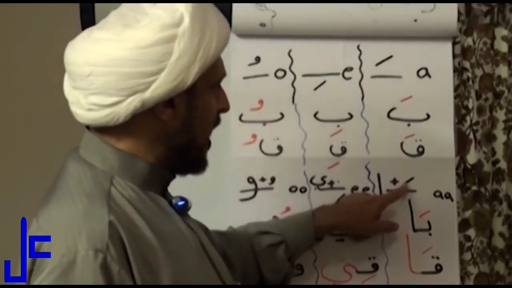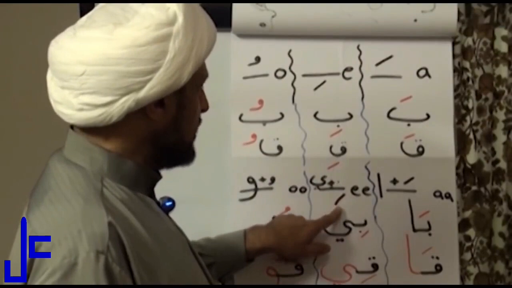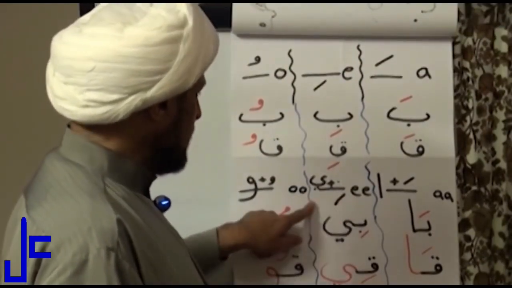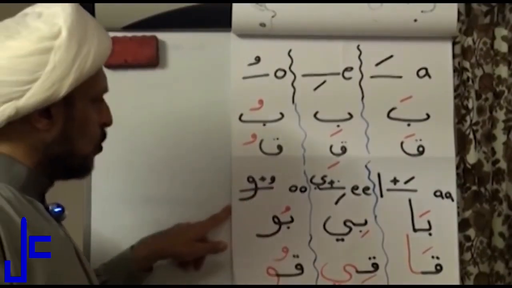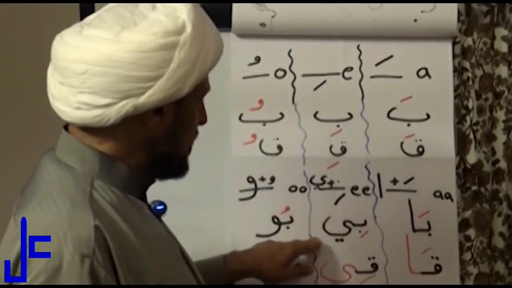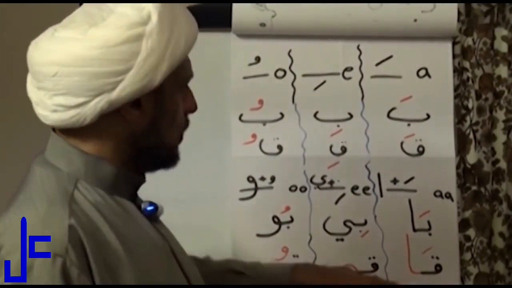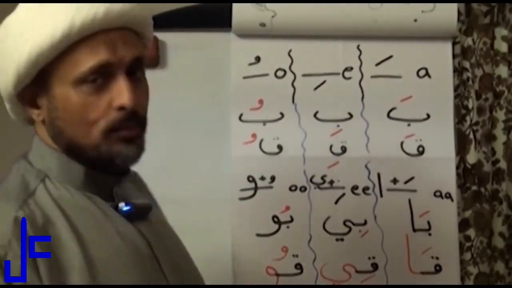So vowel sign a, letter alif: aa. Vowel sign e, letter ya: ee. Vowel sign o, letter wow: oo. So baa, bee, boo, qaa, qee, quu. That is the vowels. We don't have many more vowels.